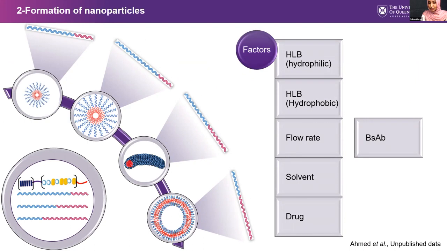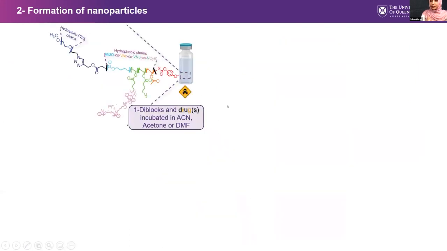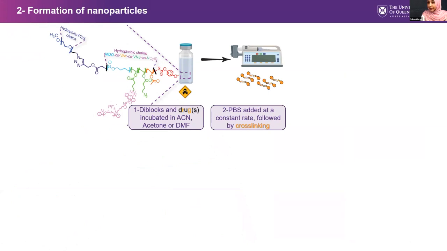This will come soon in a future publication. But here I'm going to focus more on the synthesis of polymersomes. Essentially, any of these blocks, if you incubate them with the drugs that you want to encapsulate in a suitable solvent, then start to introduce PBS or water slowly in a solvent switch method, then you will get your desired nanoparticles.